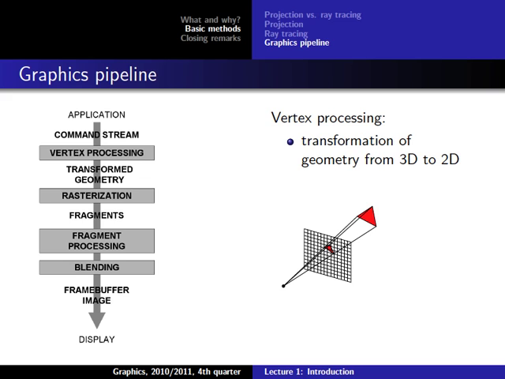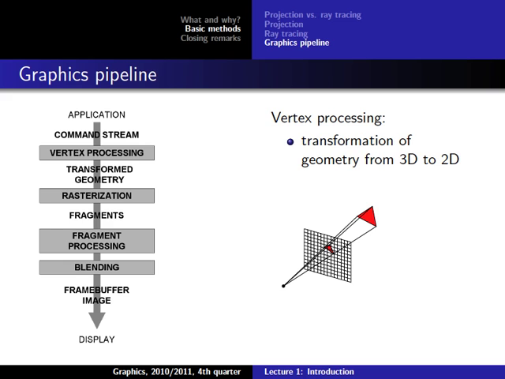So the API, the application creates these models and then sends it to the graphics pipeline, which can be a software or a hardware implementation. And then the graphics pipeline does the so-called vertex processing, which is basically the transformation of the 3D to the 2D. So this is what I explained earlier as this projection.